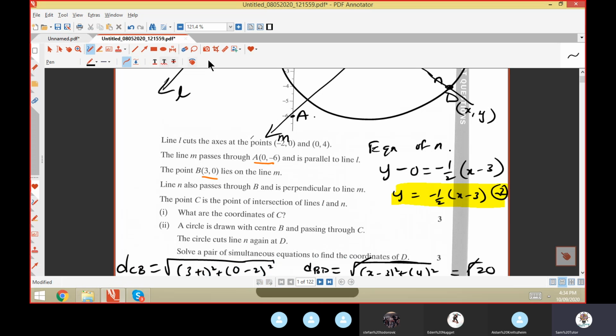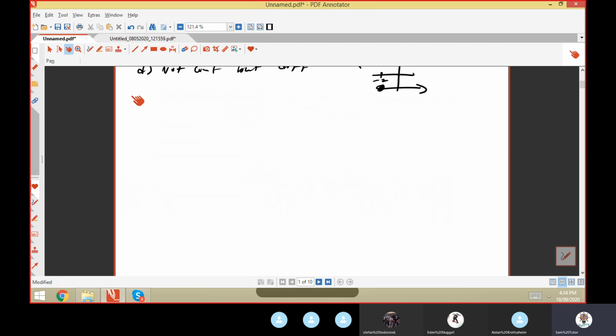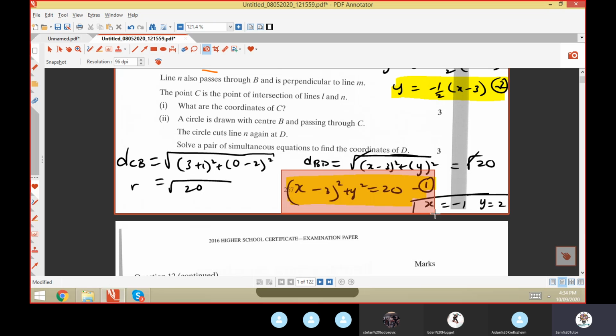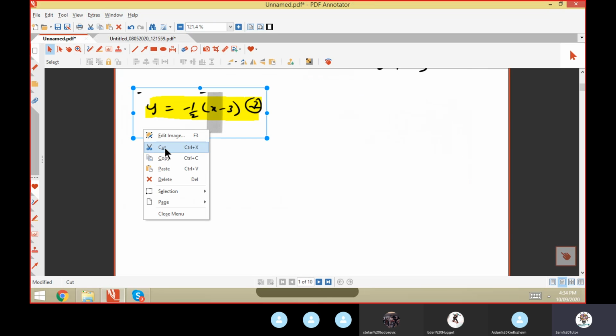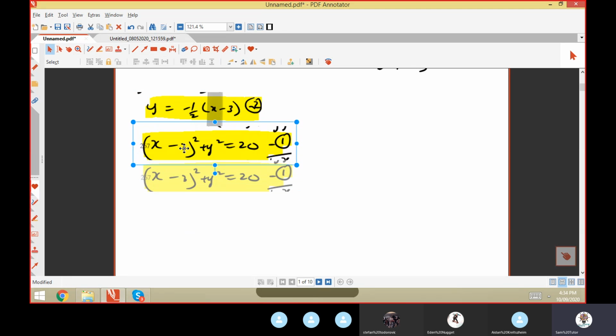What I might do, just because I know I won't have time to do it here anyways, I don't have room to do it. Just paste them. All right, solve simultaneously.